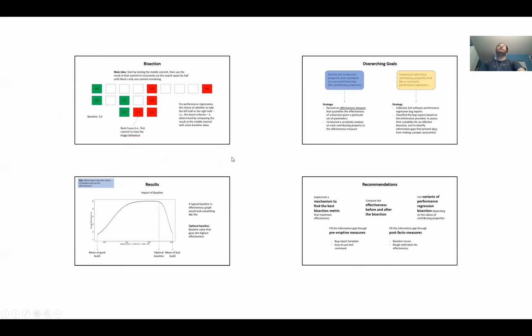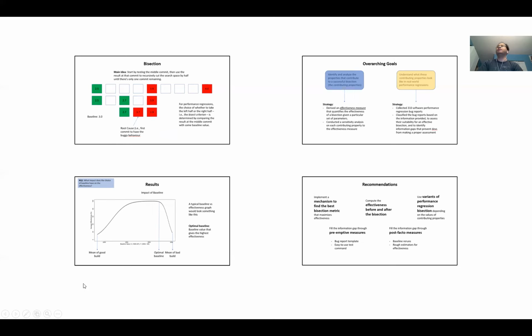Okay, so just to sort of summarize what I just discussed here. So we went through what bisection is and how bisection can be used in terms of trying to localize performance regressions. And then I described the overarching goals of the research. So basically trying to analyze the contributing properties and how they appear in practice.